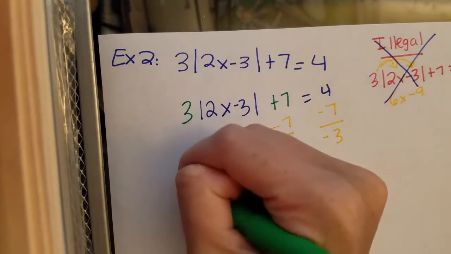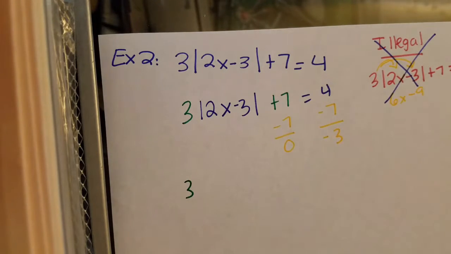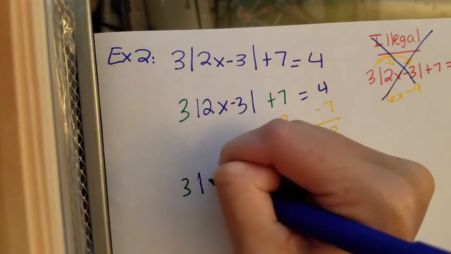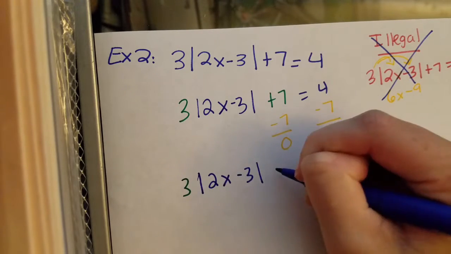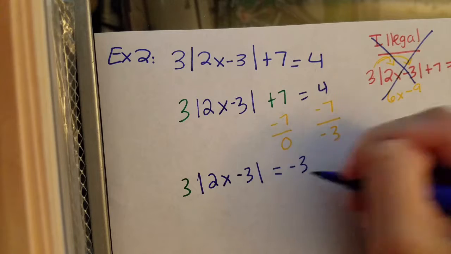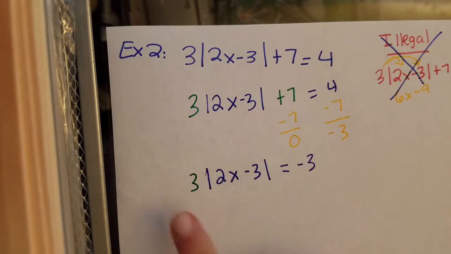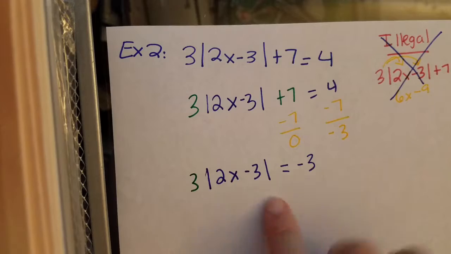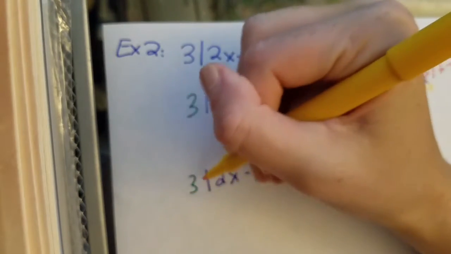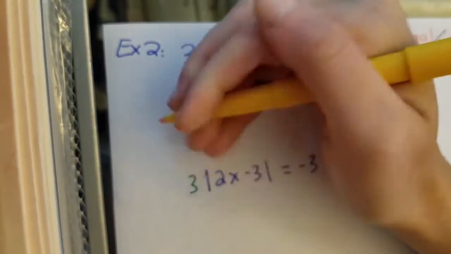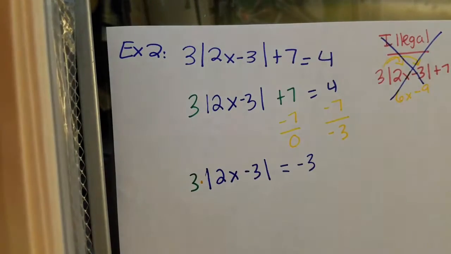Alright, so I still have this 3 out in front that's giving me problems, but now this is what my equation looks like: 3 times the absolute value of 2x minus 3 equals negative 3. So I still must move this 3 to the other side before I have two separate equations to solve. Since this 3 is multiplying the absolute value, if you ever see a number written next to something and there's no operation in the middle, you can always assume there's a multiplication right there.